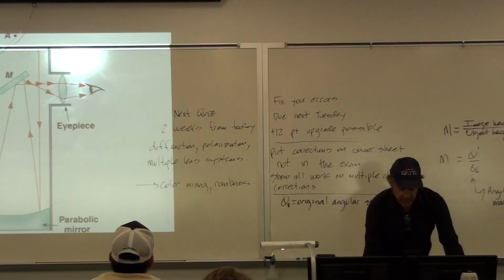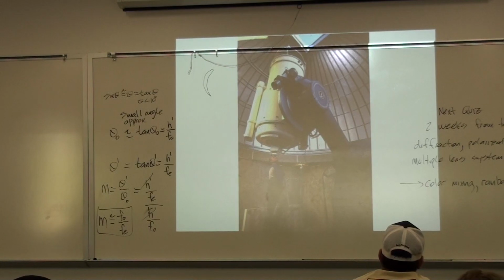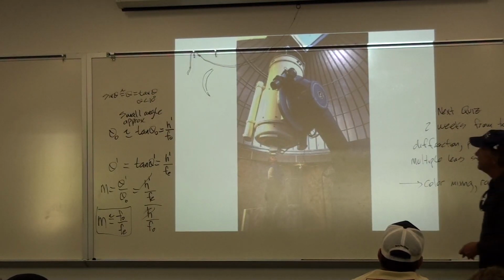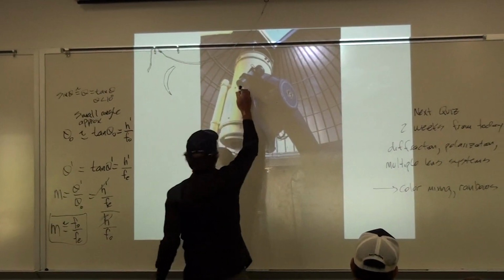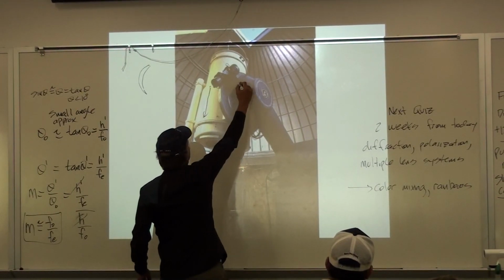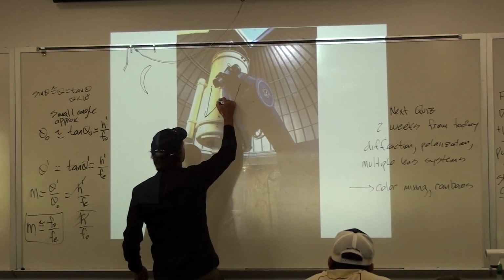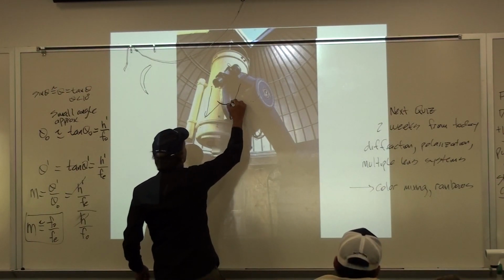But you also have the Cassegrain focus, and that's more like what we have here. In this kind of situation, the light comes in like this, parallel beams, and is brought toward a point of focus, but then here you have a diverging mirror.